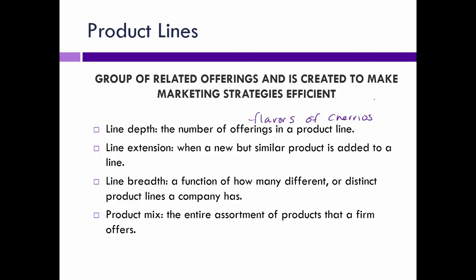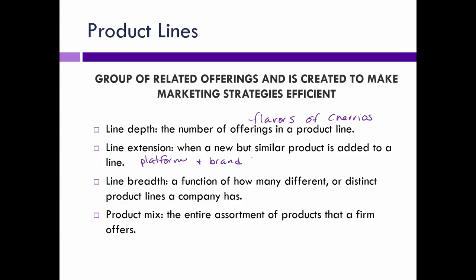One of the ways that you can grow your market is a line extension, where you have similar products added to the same line. And so we're using the same platform or the same basic process and the same brand, but offering different lines within there.